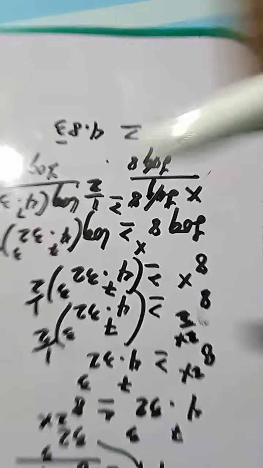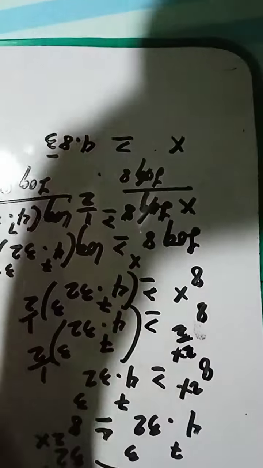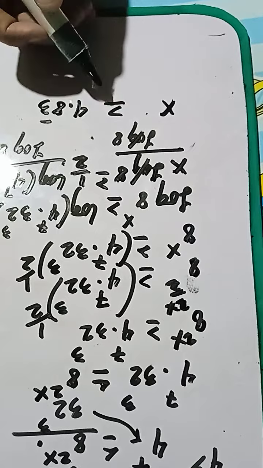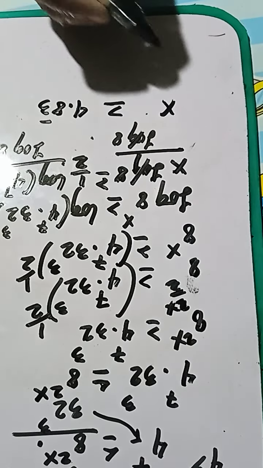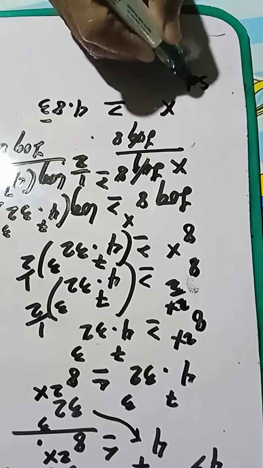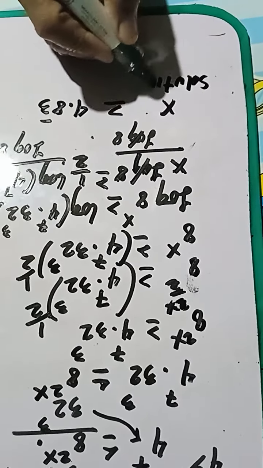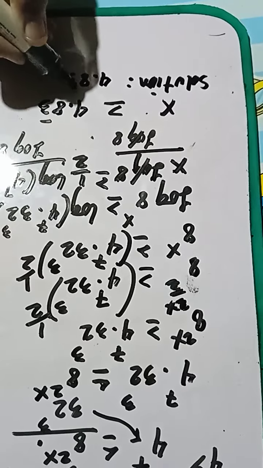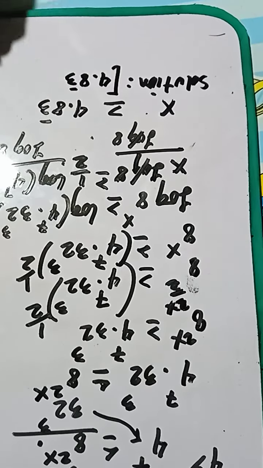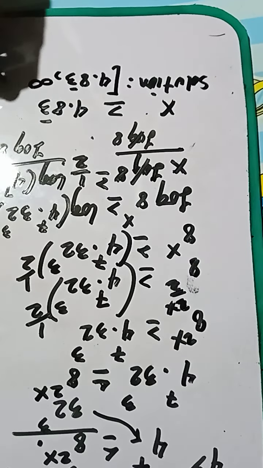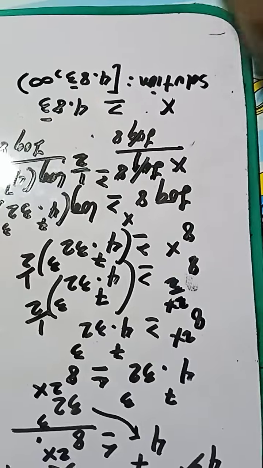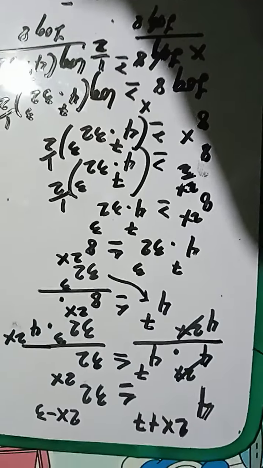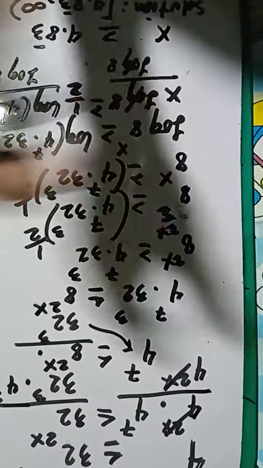So in other words, since it is x greater than or equal to 4.83, therefore the solution is 4.83 included to positive infinity.